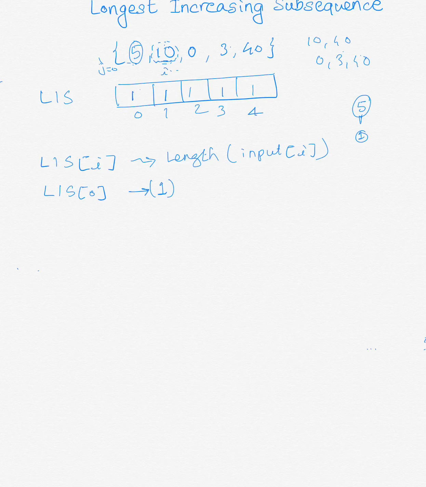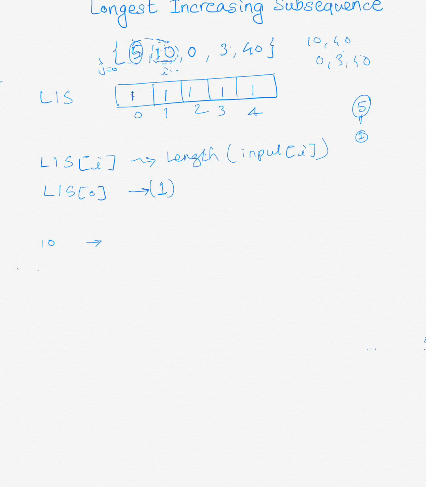So 10 will be compared with 5, and we see that 5 and 10 can form a subsequence. For index of 10, there's only one element before 10 in the array, and 5 can form a subsequence with 10. The length of that subsequence will be the longest increasing subsequence which ends with 5, plus 1, because we are adding 10 to it. The length of the longest increasing subsequence which ends with 5 is 1, and because we are adding 10 to it, the length formed will be 2.